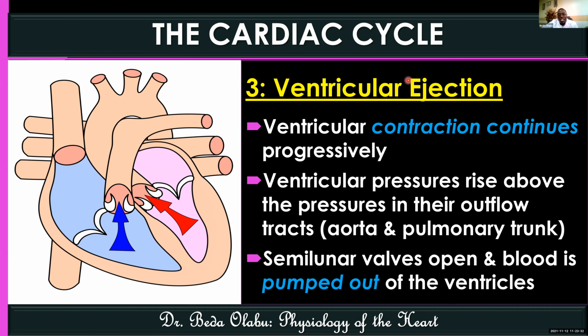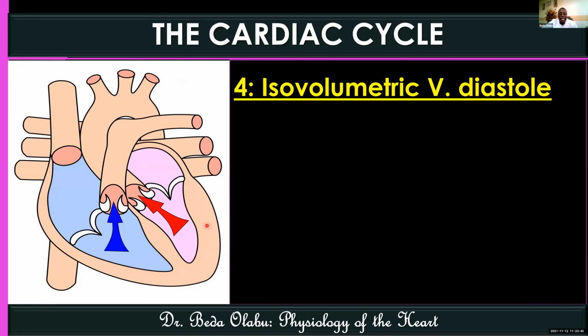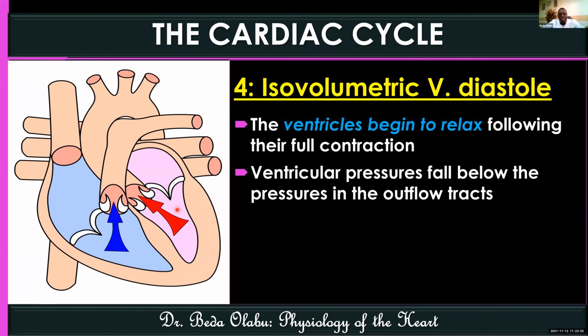After ventricular ejection, what do we expect? We expect the ventricles to begin to relax. When they begin to relax, we go to the next phase, which we call isovolumetric ventricular relaxation or isovolumetric ventricular diastole. And we can explain it this way. When the ventricles begin to relax, the pressure within the ventricles decreases.